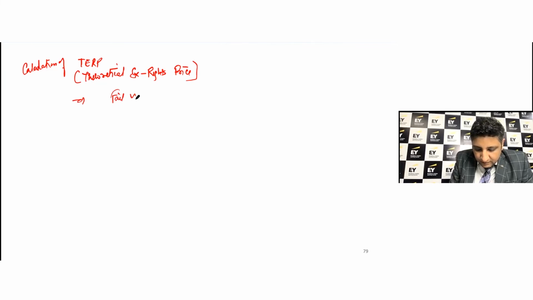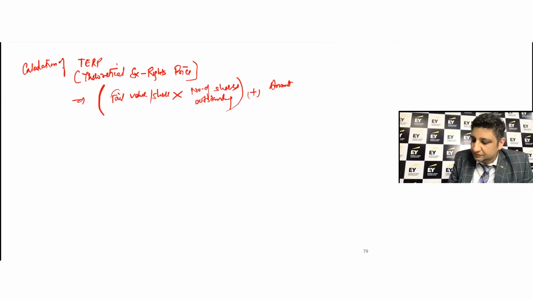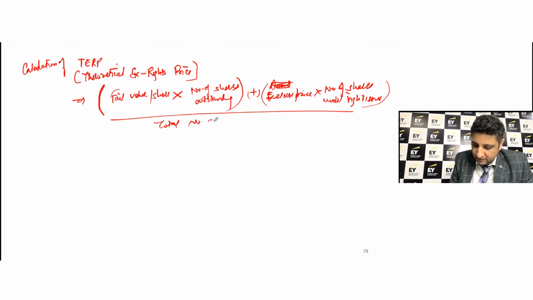We say fair value per share multiplied by the number of shares outstanding, plus the exercise price into the number of shares under the right issue, divided by the total number of shares after the right issue. Okay, that's a clear formula that we have discussed, where you calculate the TERP first of all.